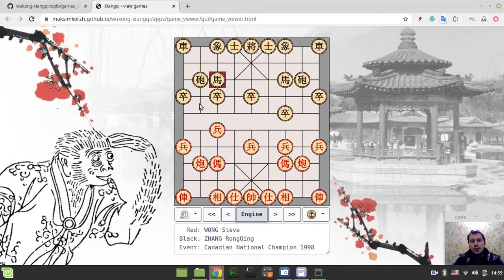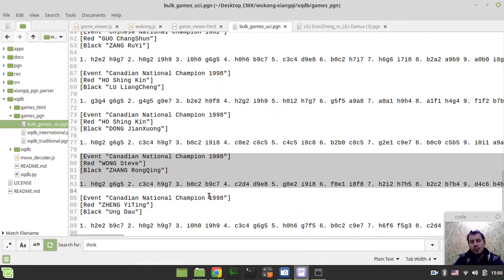The reason why I've created this is, first of all, I'm learning to play CNC as a human myself, and I'm very interested in watching the games. But watching them on the World CNC Federation site is not really a great idea. I don't like the UI there, and I just really want to do this at home with this UCCI notation that I'm used to.